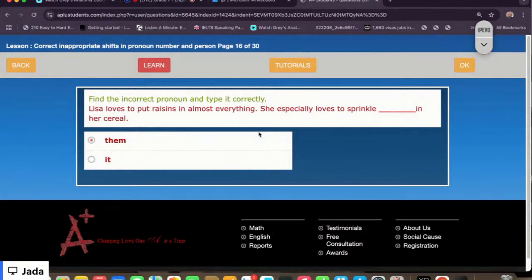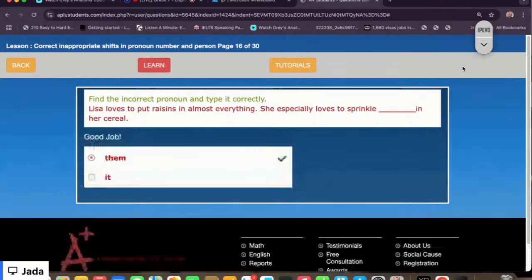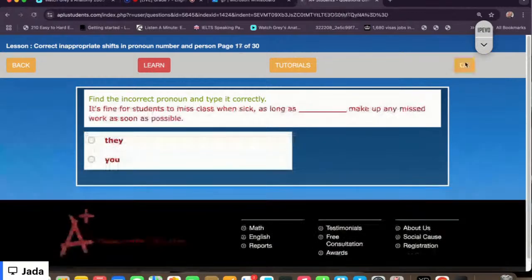Okay, so we have them in her cereal. Okay. All right, so that's it for our lesson on inappropriate pronoun shifts.